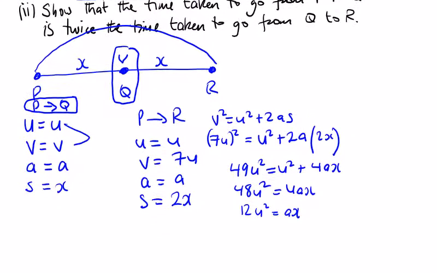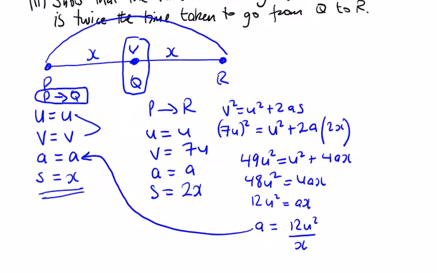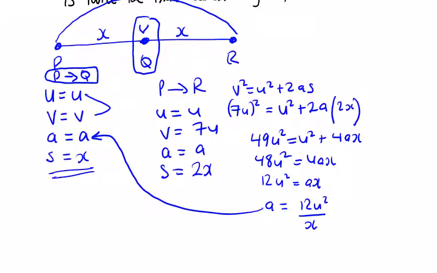So we can get acceleration in terms of u and x, and we have an x over here, so this could help. A is equal to 12u squared over x. So now I have this acceleration in terms of u and x.